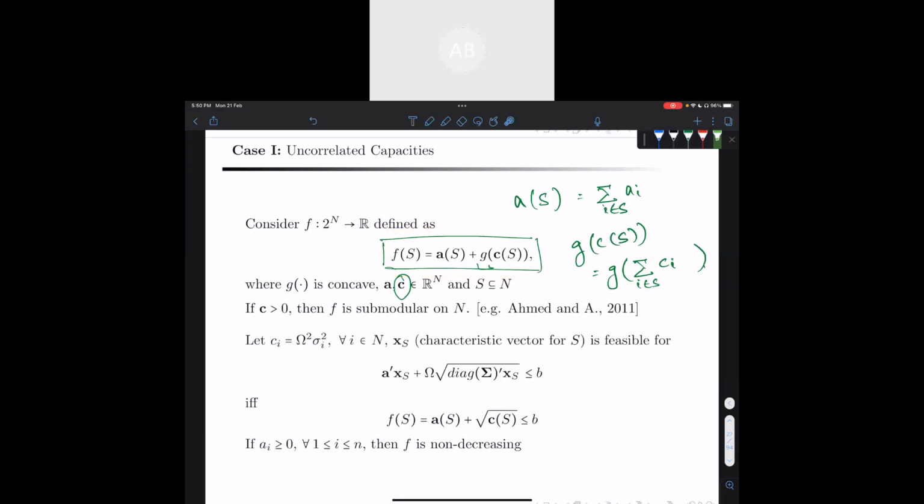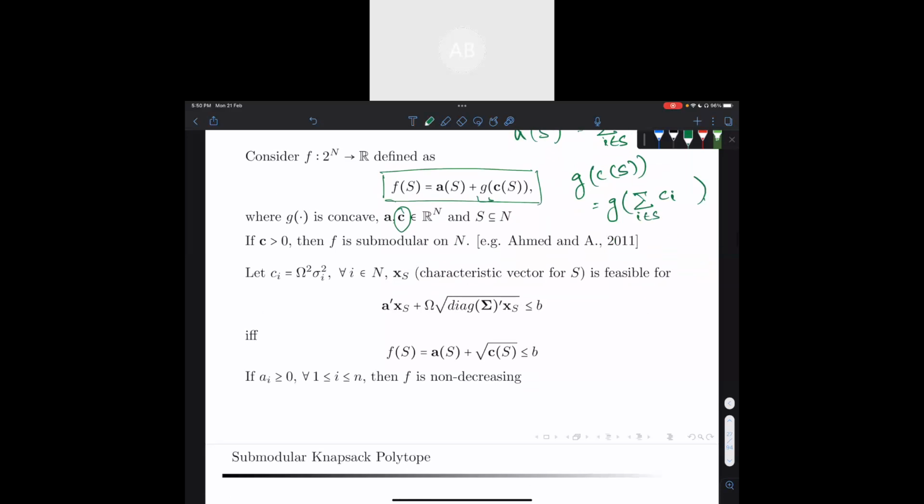Now, if you look at what we had, we had something of this form: u transpose x minus sigma times the square root of the summation of sigma_i squared x_i, greater than or equal to d.